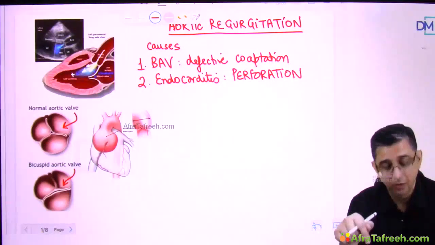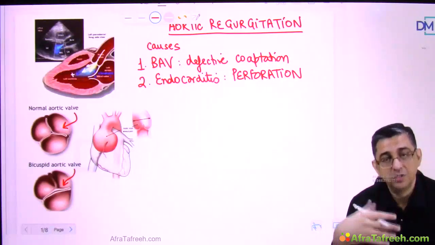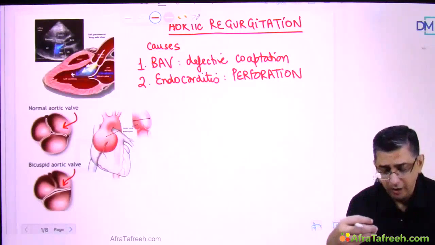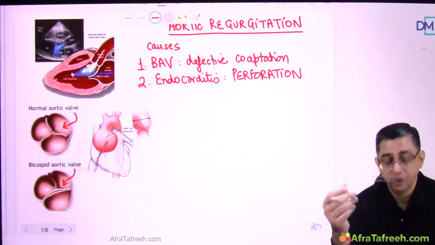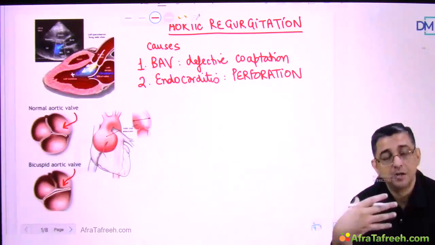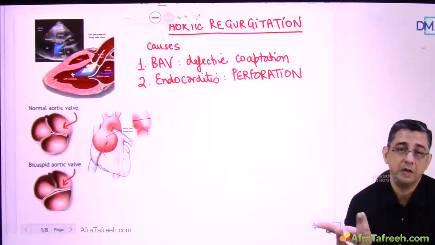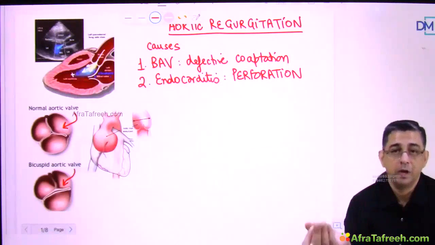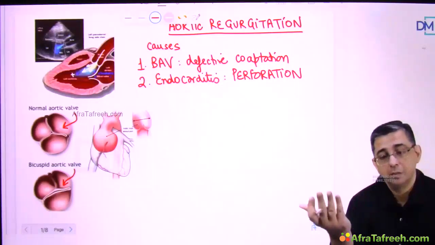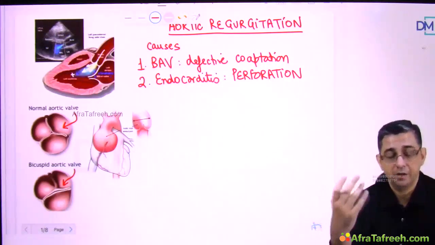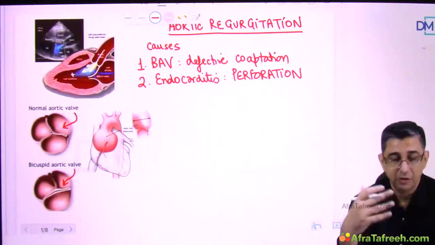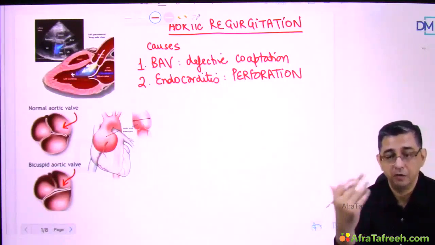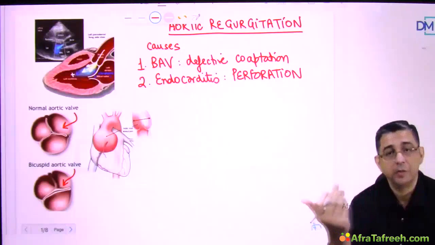So either there's a hole in the valve leaflet, or there's an avulsion of the anterior valve leaflet, or any of the valve leaflets per se of the aortic valve, and the blood that leaks back inside causes so much of increase in pressure in the chamber of the left ventricle that the backward pressure would contribute to pulmonary edema, and most patients would be having severe left ventricle failure, which is very difficult to manage because the left ventricle, the left atria, the pulmonary veins, all are congested since there's an incompetent aortic valve.